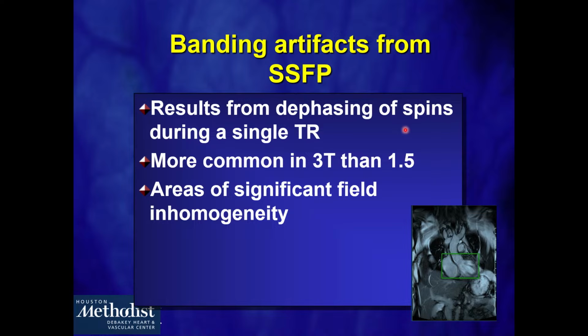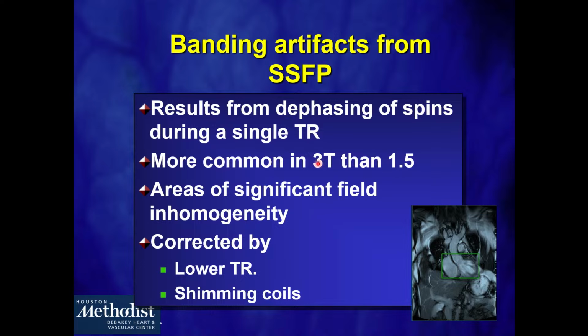You want the protons lined up in one direction to minimize what we call dephasing. But unfortunately, some of those protons could be spinning at a different speed compared to others. Typically, the higher the magnetic field strength, the more likely you're going to see those artifacts. We call those banding artifacts, and I'm going to show you what they look like. Anytime there's any perturbation of the magnetic field, that's exactly what you're going to see.